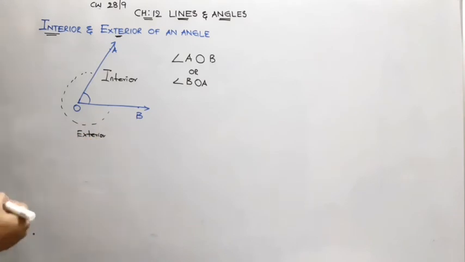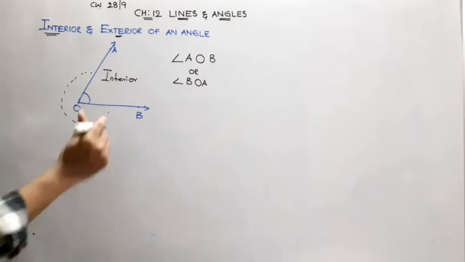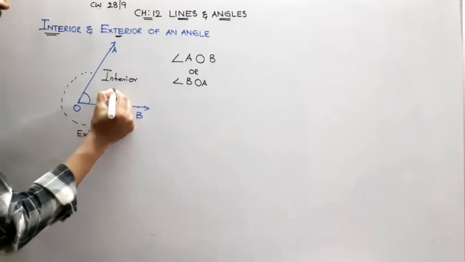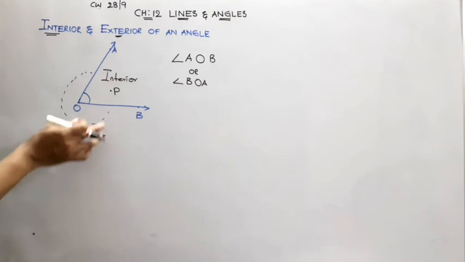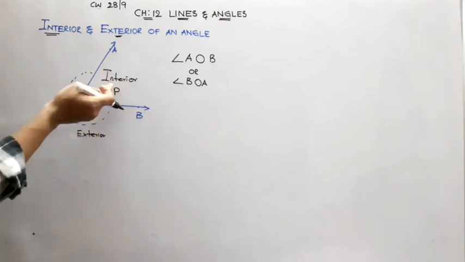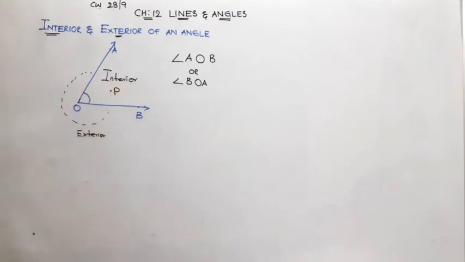The reason we learn this concept is, for example, there is a point P, which I am giving like this. When someone asks whether P is interior or exterior, we can definitely say it is in the interior of the angle. Hope you are quite clear with this, children? And if I give a point like this, Z, then we understand that Z is exterior to the given angle AOB.